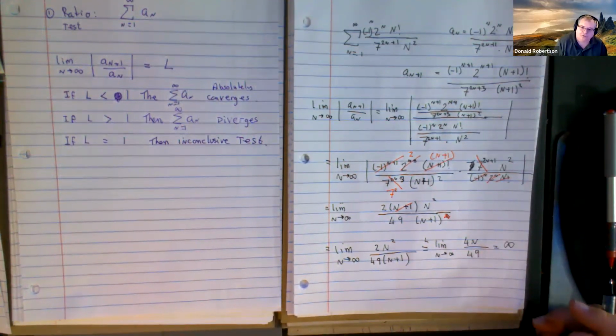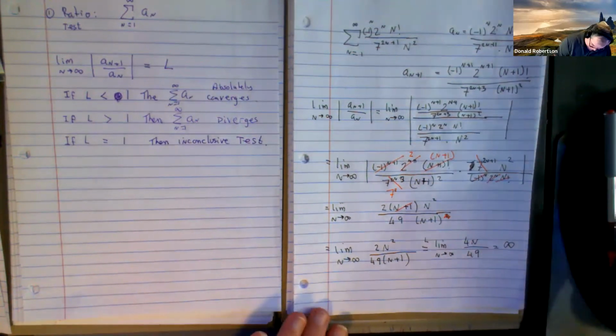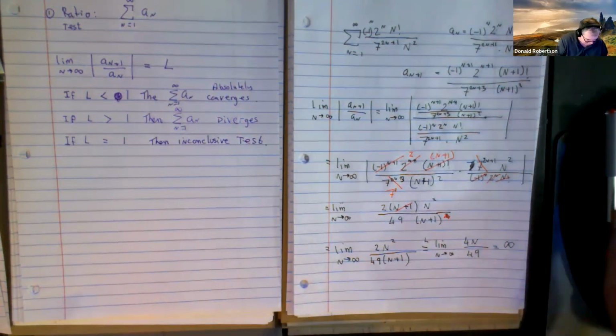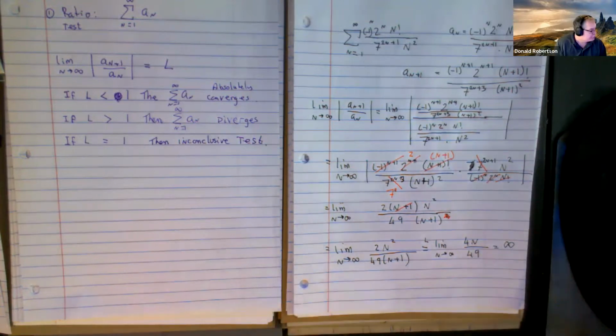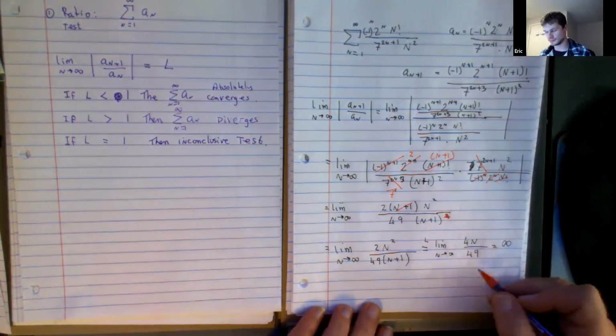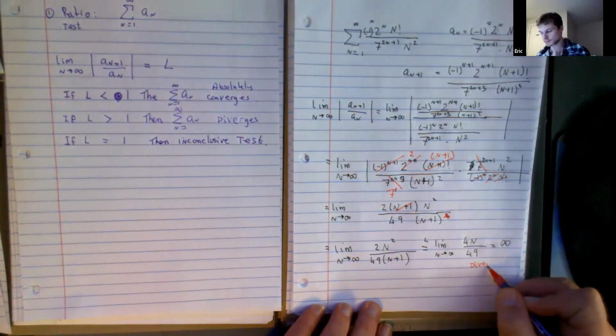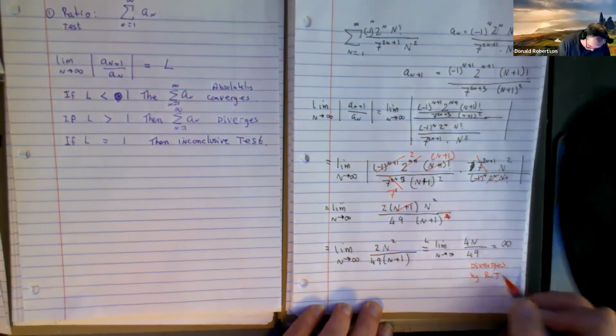Okay, what conclusion do we make about this series? The limit is infinity. What's our conclusion? Diverges. By the ratio test. Why?